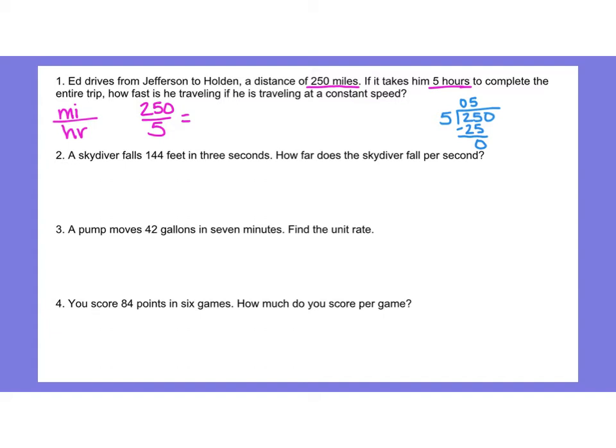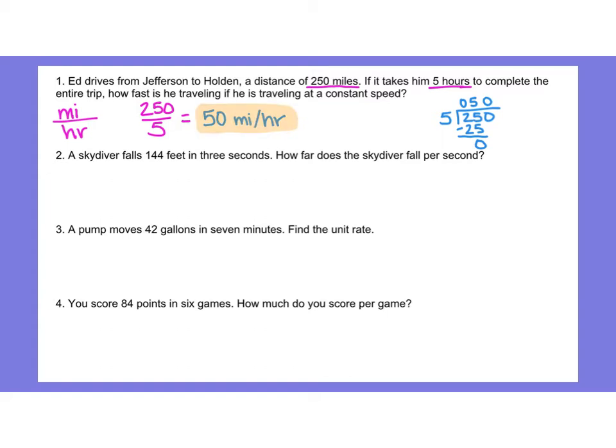Since I still have a 0 left, instead of bringing it down and realizing that 5 goes into 0 0 times, I'm just going to bring that 0 straight up. So our unit rate is 50 miles per hour. Ed can travel 50 miles per hour at a constant speed.